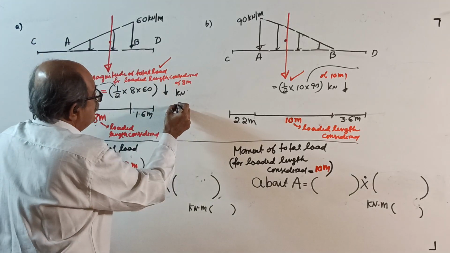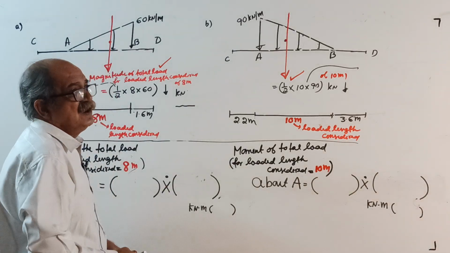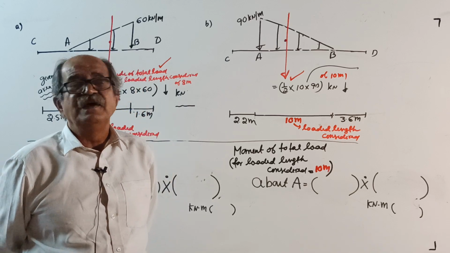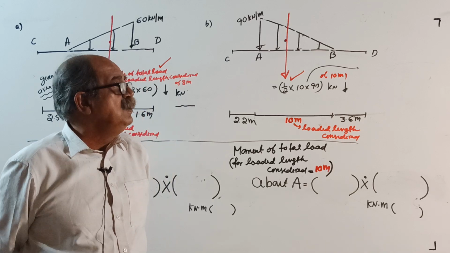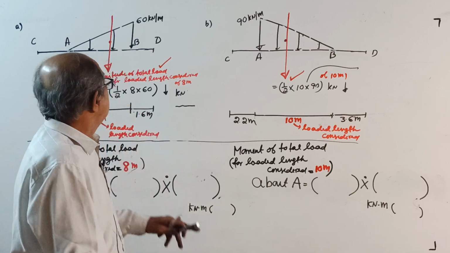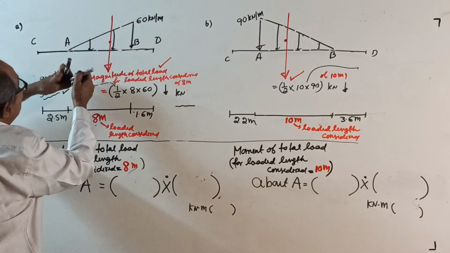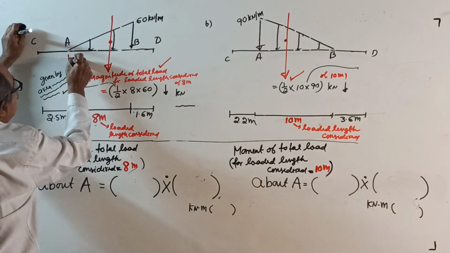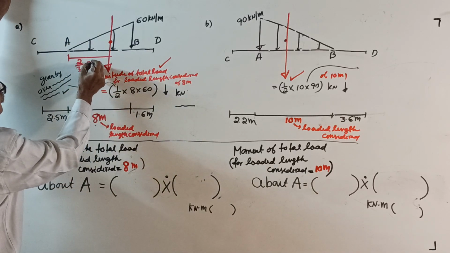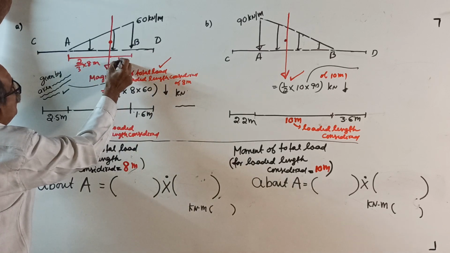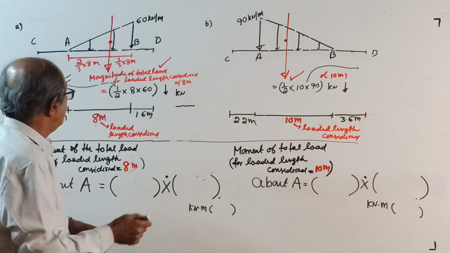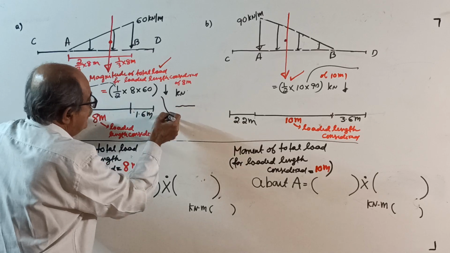Now you should write. I will dictate here. Line of action of that total load for the loaded length considered, there is no L0 now, will pass through the centroid of the diagram representing the load. Here, centroid of the right angle triangle, this is 8 meter, 2 by 3 of 8 meter from here to here, 1 by 3 of 8 meter from here to here. Now write right here.